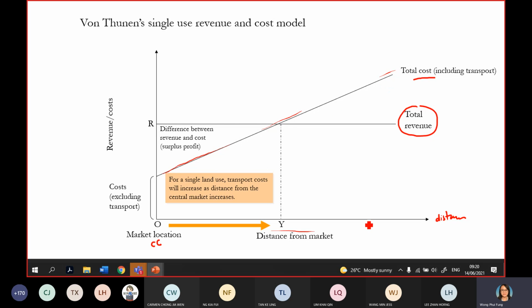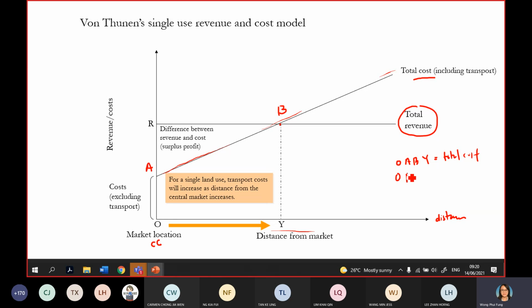Let's say this is O, here A, and this point B. O, A, B, Y is your total cost area.